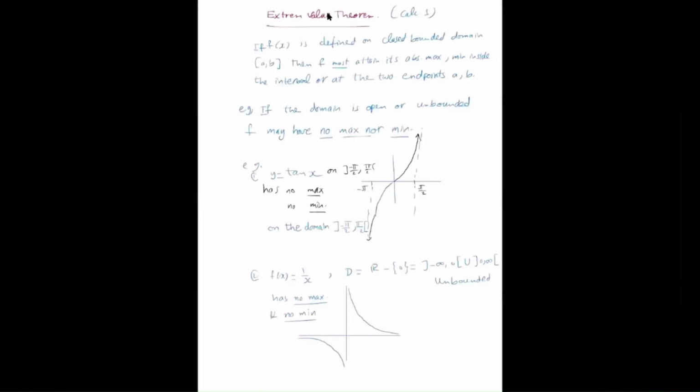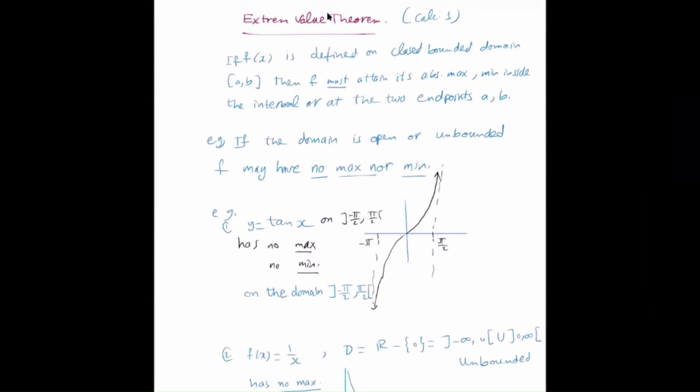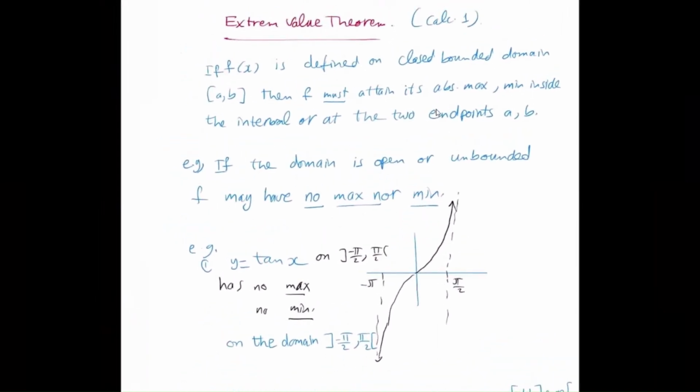I need to remind you something from calculus 1, which is the extreme value theorem. What does it say, Sama? Yes, if the domain is closed and bounded, the function must attain its absolute max and absolute min inside this closed and bounded domain.